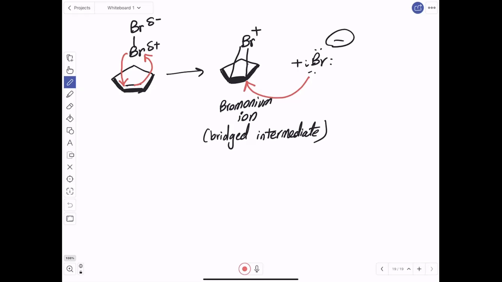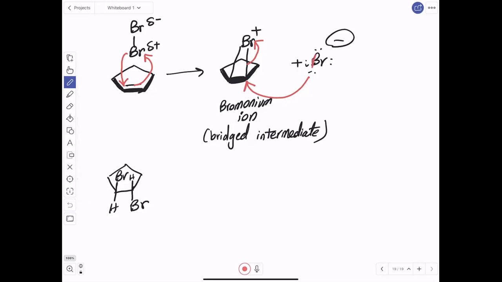Now this bond between carbon and bromine with positive charge breaks on bromine. And this is the product.